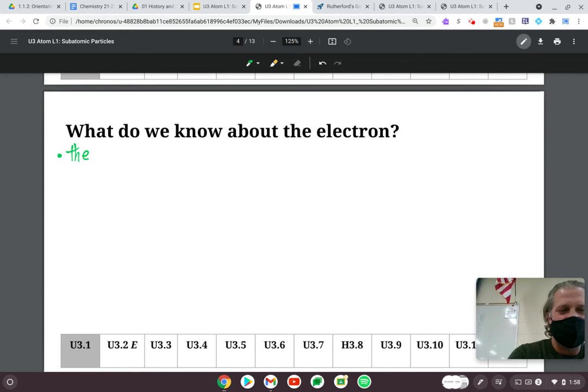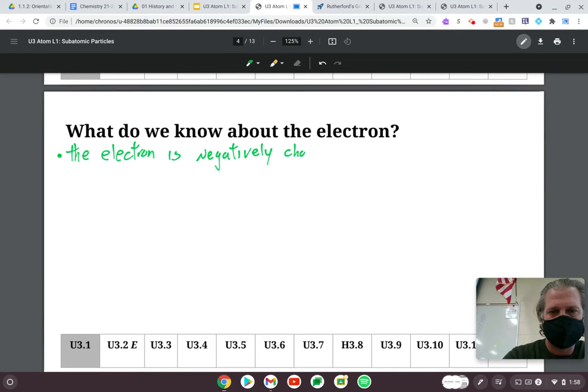The electron, thank you for taking a chance, is negatively charged. Okay.